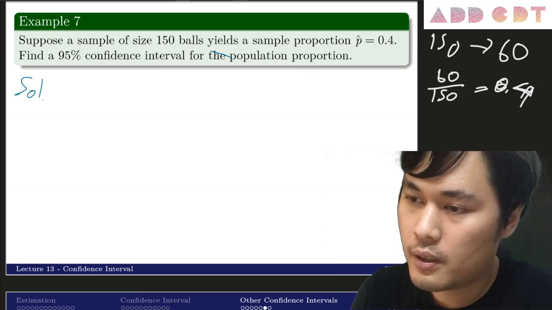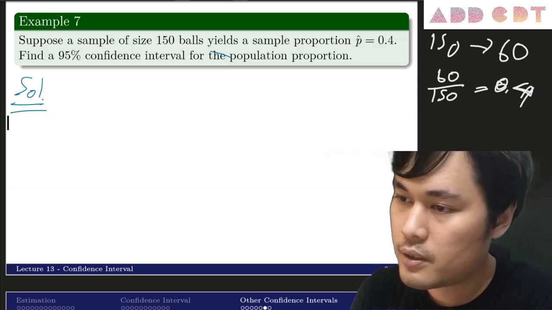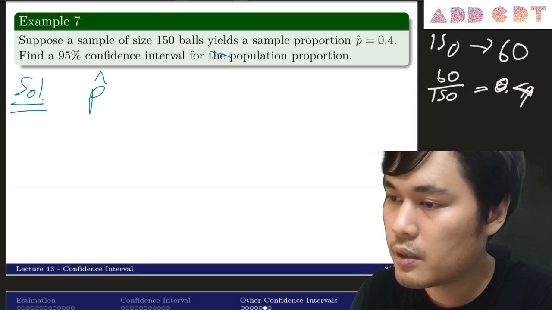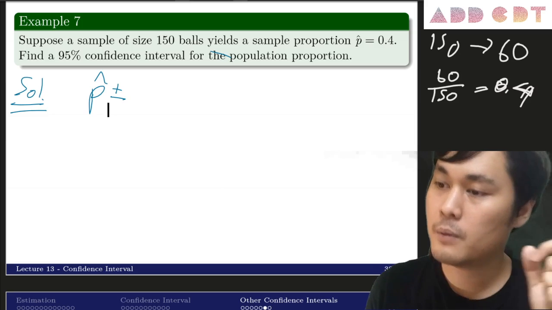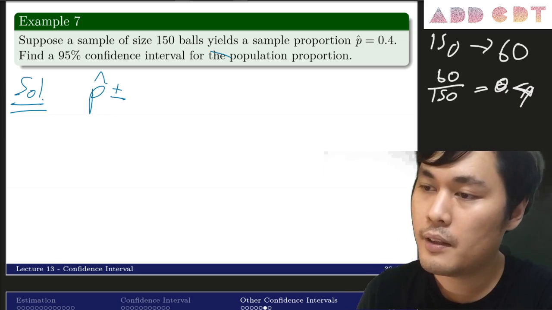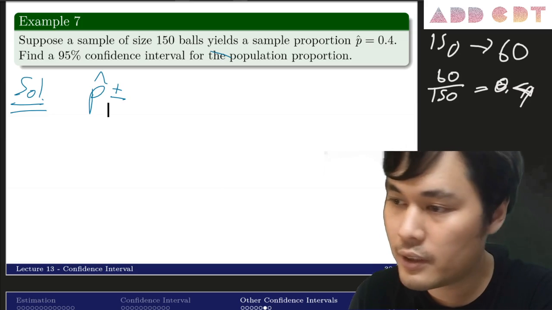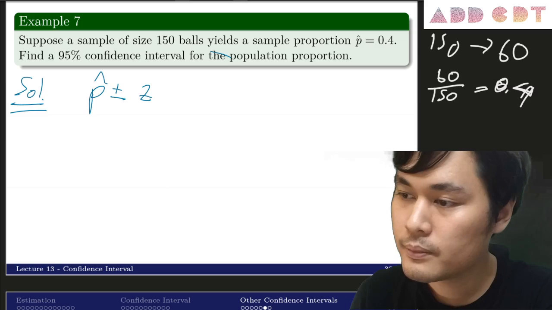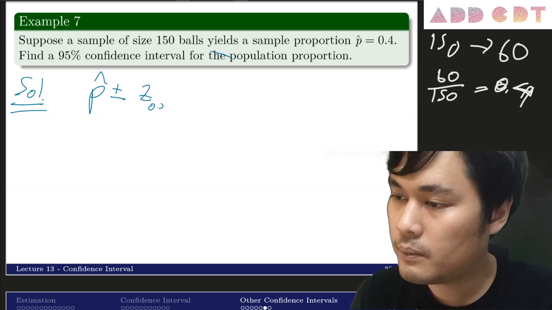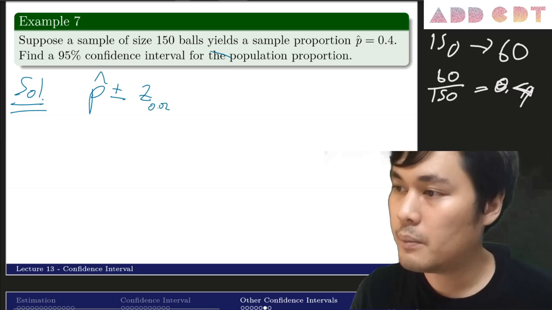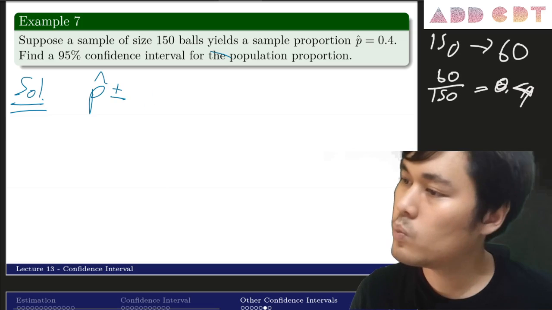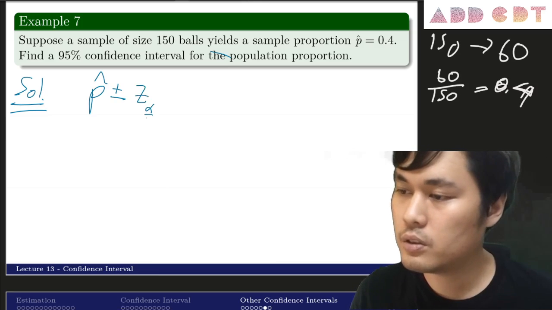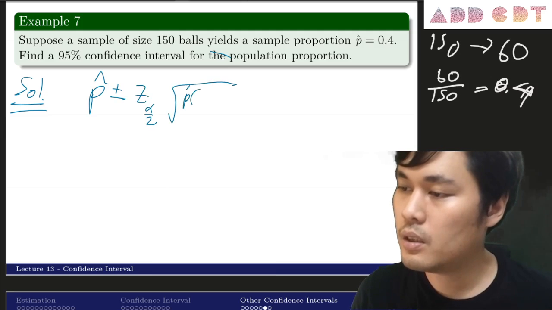So let's just use the formula here. The proportion is not going to be exactly pi 4, but we can say for sure with 95% confidence level that it's going to be p hat minus, p hat over n.